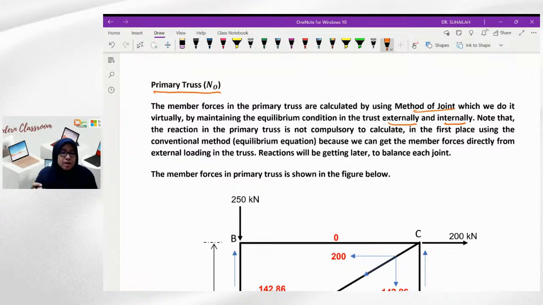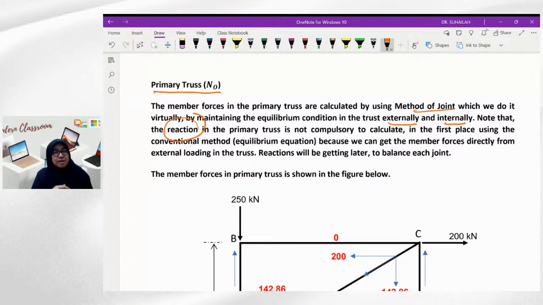Note that the reaction in the primary truss is not compulsory to calculate, because using the easy method, the virtual method of joints, we can actually determine the member force without calculating the reaction in the first place.